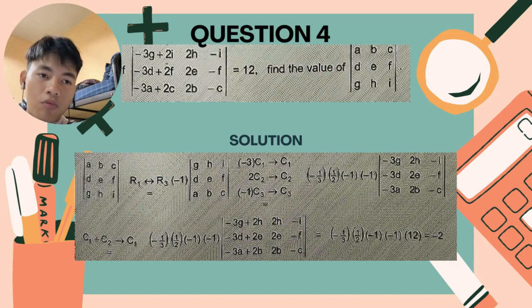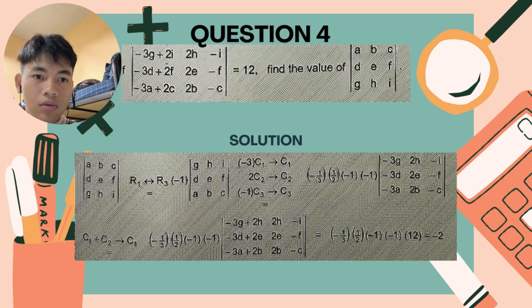When we multiply, we get negative 1/3, 1/2, negative 1, and negative 1 from before.